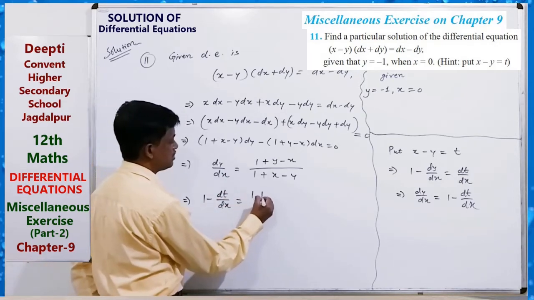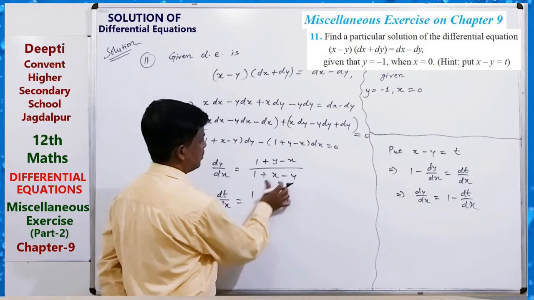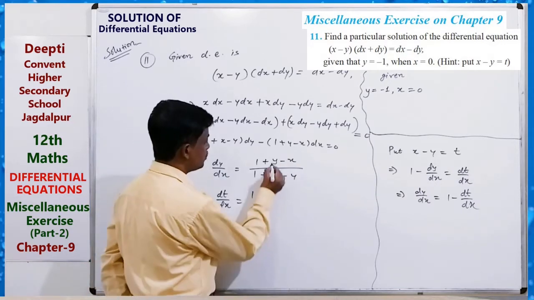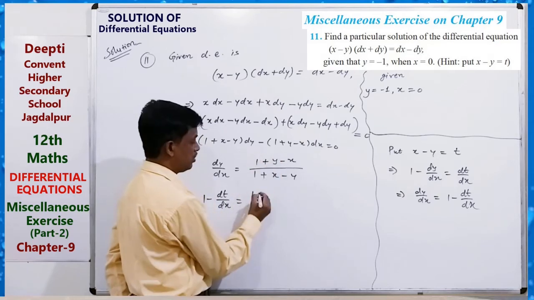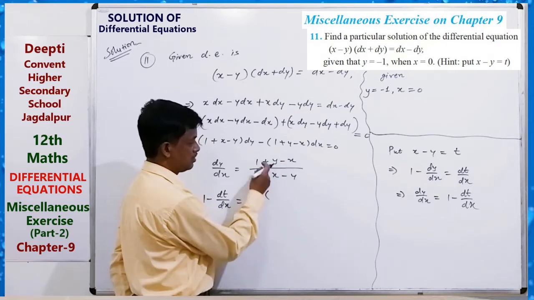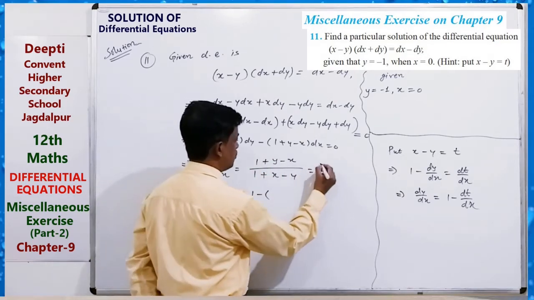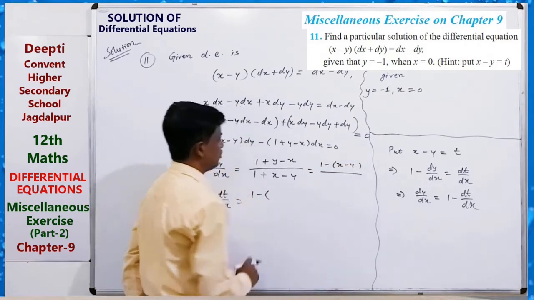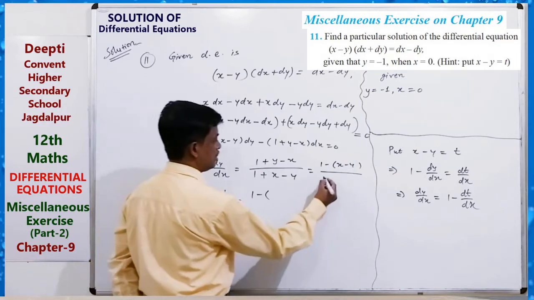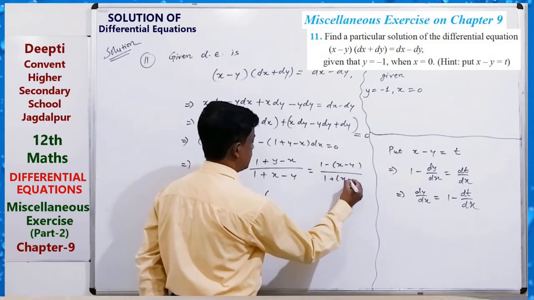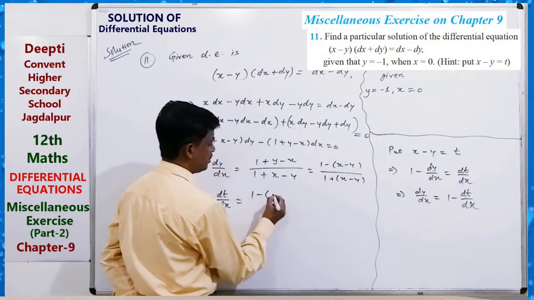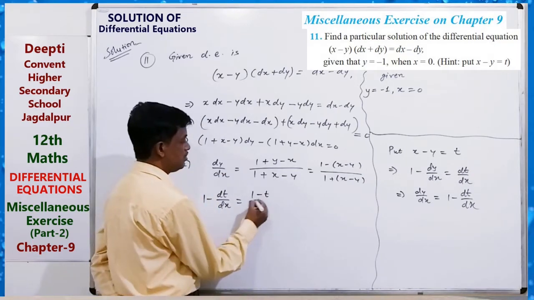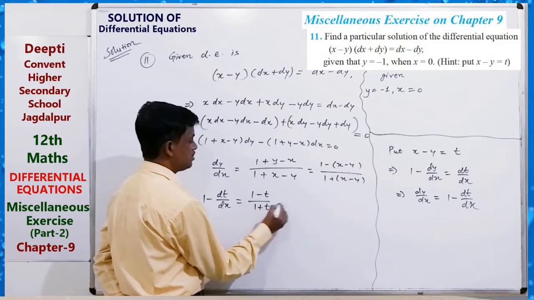Here x minus y equals to t, so the fraction becomes 1 minus t upon 1 plus t.